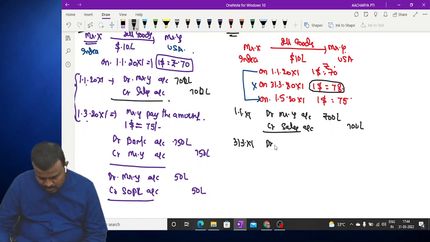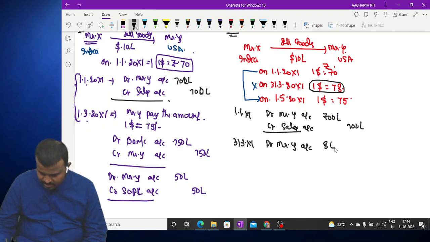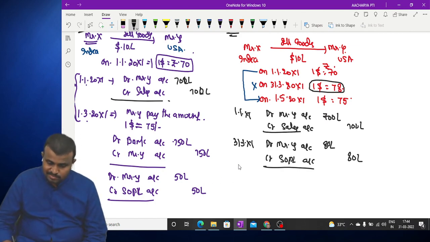So debit Mr. Y account. How much excess amount is there? 8 rupees per dollar, 8 into 10 lakh, 80 lakh. So credit statement of profit and loss account 80 lakh.